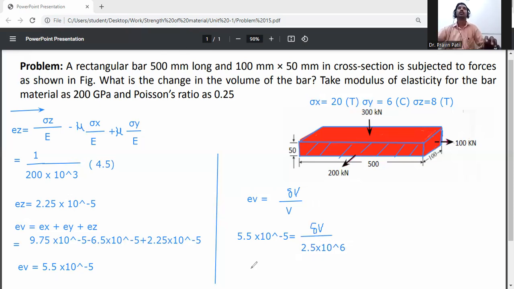So from this relation we get delta V, the change in volume, which is 2.5 into 10 raised to the power 6 into 5.5 into 10 raised to the power minus 5, that is 137.5 mm cube. Okay. So this is the change in volume for the given load in x, y and z direction.